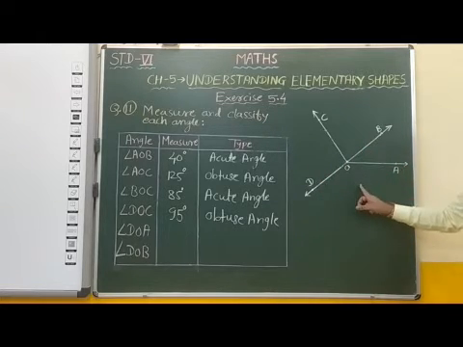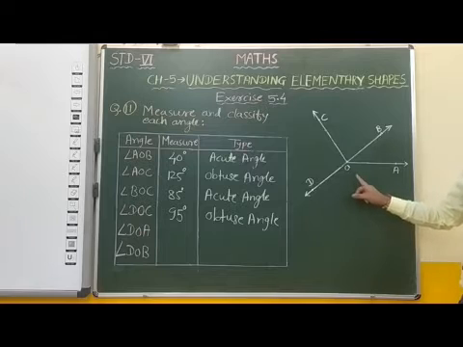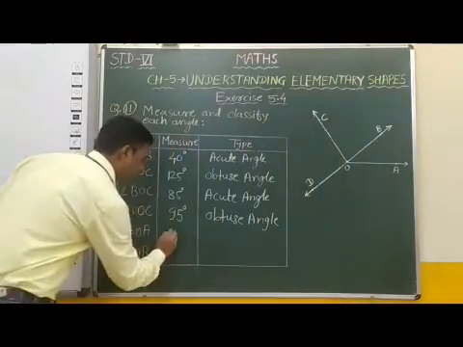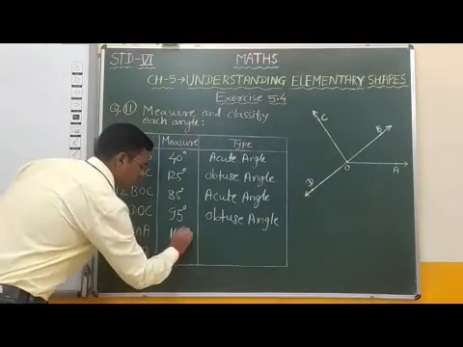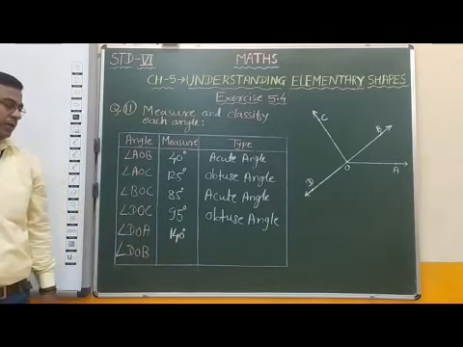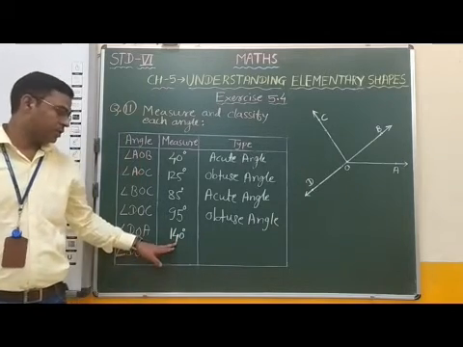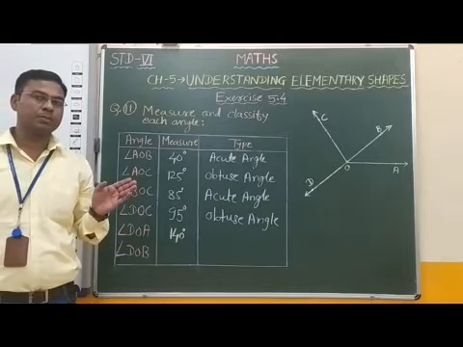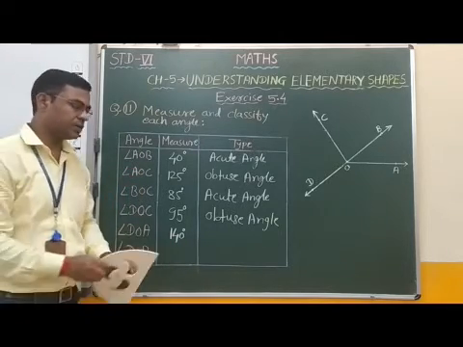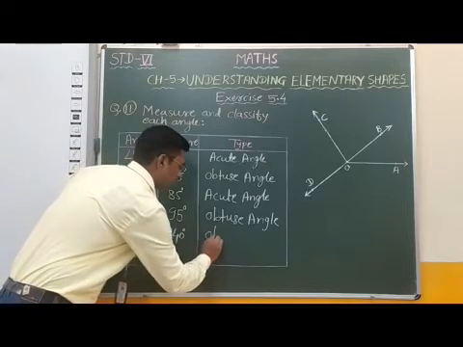By using both methods, the measure of angle DOA is 140 degree. And this 140 is between 90 and 180 degree. Therefore, this angle is an obtuse angle.